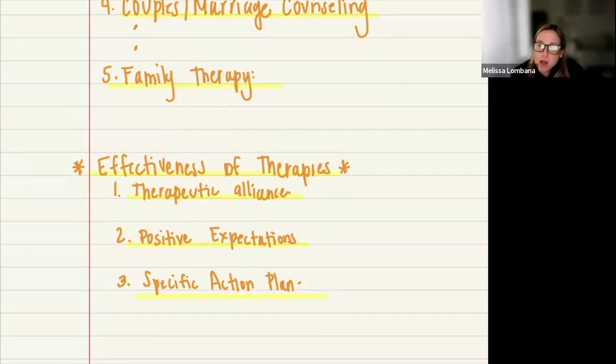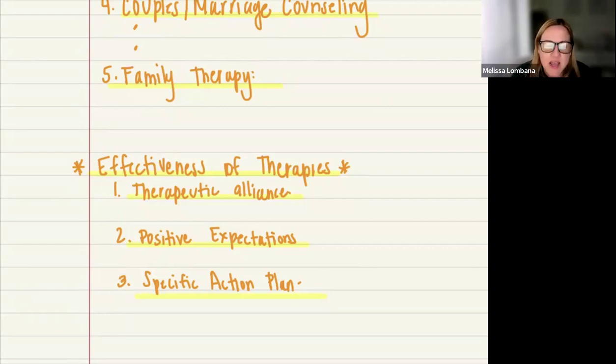Another one is positive expectations. The client has to believe that there is going to be a positive outcome to the therapy, and they agree to their goals and tasks that they need to do in order to achieve that. They can't just say, oh yeah, this is gonna work, but the therapist is gonna do all the work. No, the client has to know that they also need to do the work.